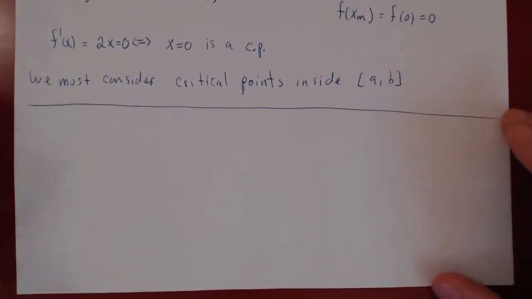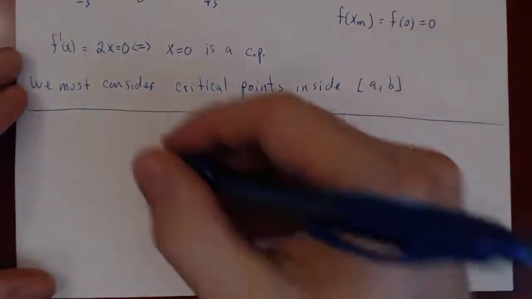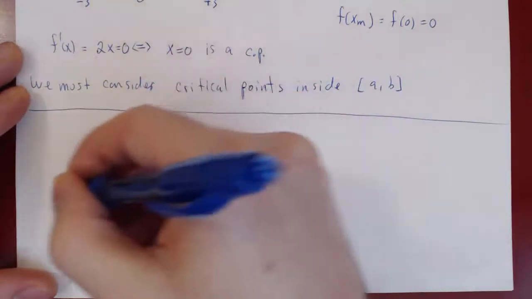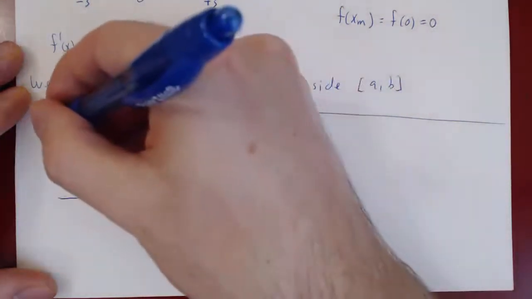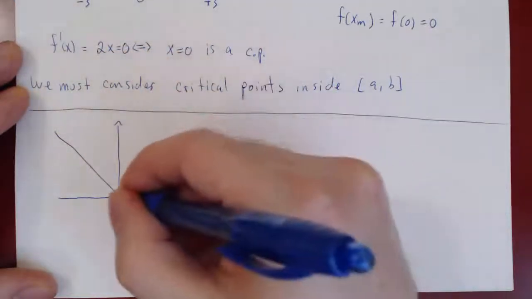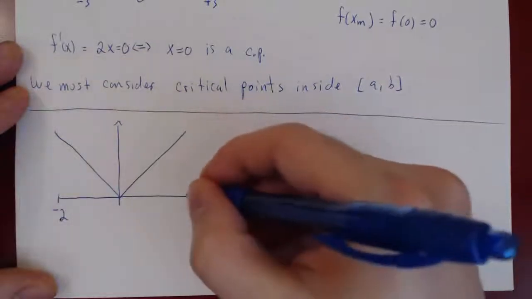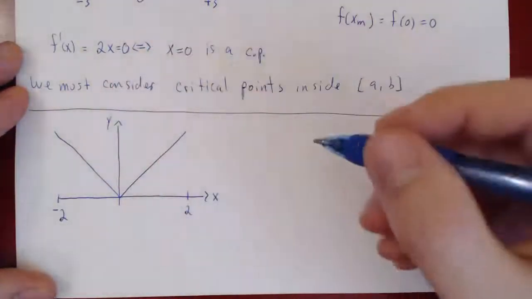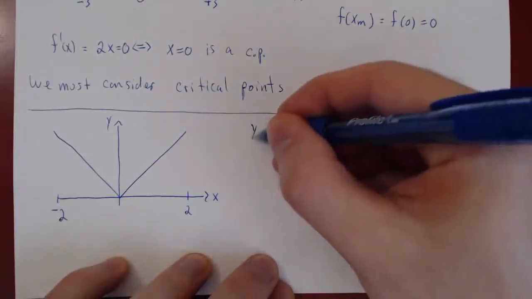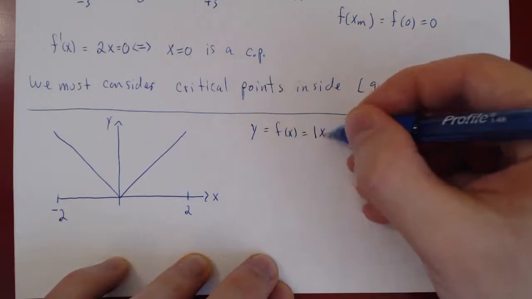And we'll consider, instead of x squared, simply the absolute value of x. And we'll go on the interval from, say, negative 2 to 2. So our function, y equals f of x, we will take to be the absolute value of x.